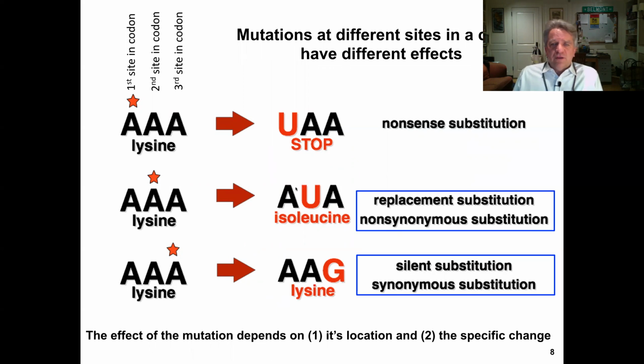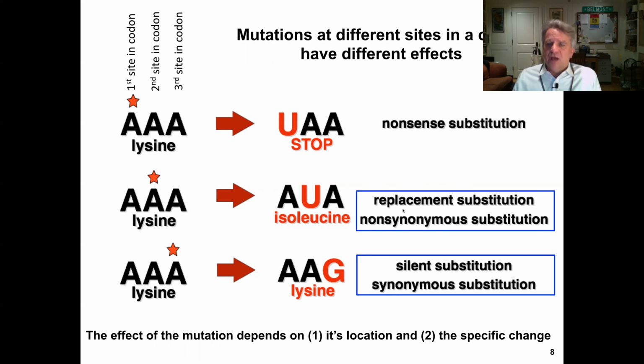So essentially, you can have a nonsense substitution where we're going from an amino acid to a stop codon. These obviously would be strongly selected against. You could have a change, any change, remember, at a second codon position will be a replacement substitution. It will change the amino acid.